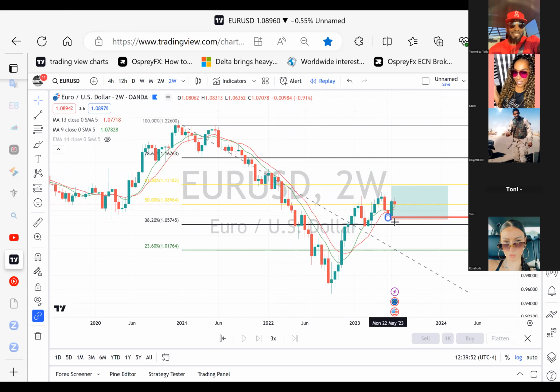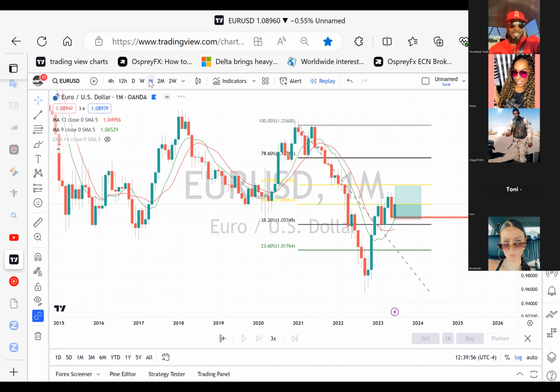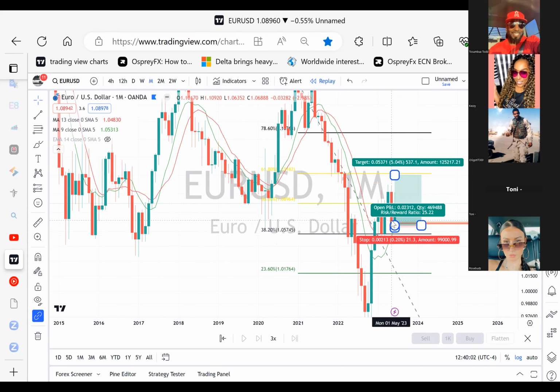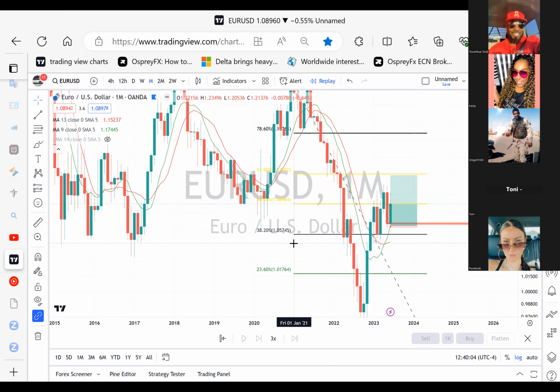But if you look at the monthly candle, this is probably the worst monthly candle for the pair. Why? Well, it hasn't gone anywhere. So think about this. Every other pair, I know we're going up, right? And our moving averages are below.